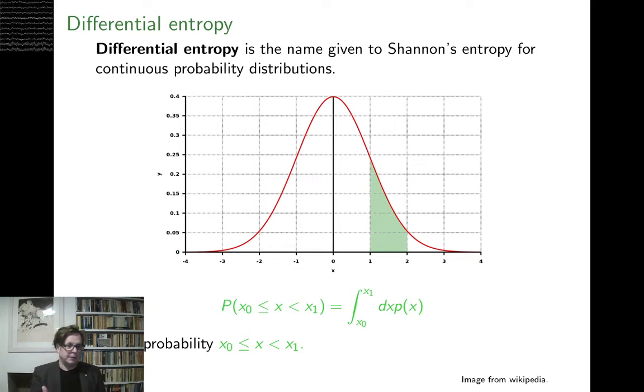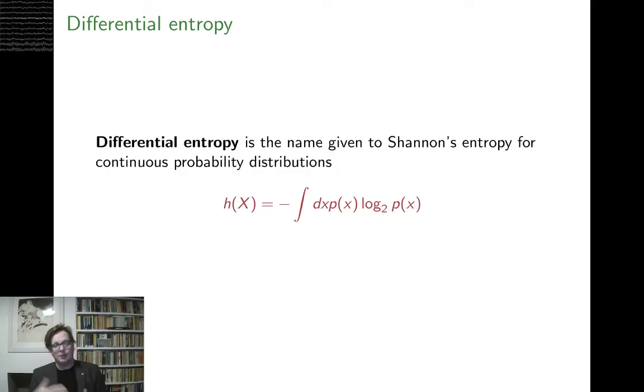The difference, of course, is that the integral over the whole of the sample space, the whole of the allowed region, has to be 1 for a probability density, just because the probability of the value that you choose lying in that region also has to be 1. So that's the probability density. Now we want to extend the ideas of what we had before about Shannon's entropy, ideas that we explored in the discrete space.